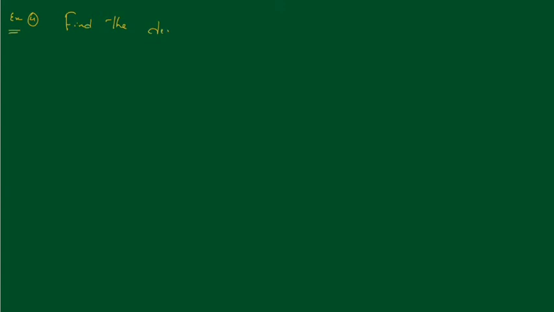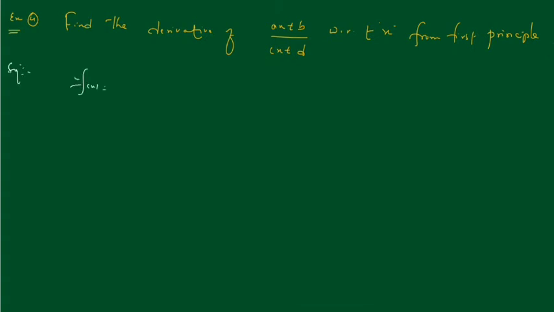Find the derivative of (ax plus b) by (cx plus d) with respect to x on first principle. It is f of x equals to (ax plus b) by (cx plus d).